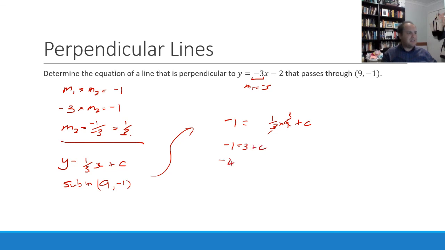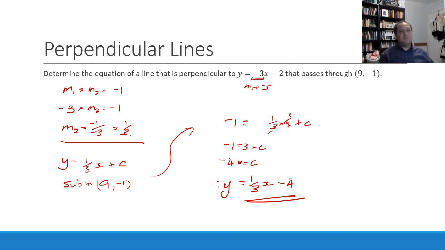Subtracting 3 from both sides, -4 equals c. So therefore the equation of our line that is perpendicular to this one is y equals 1/3 x minus 4, and that passes through our point (9, -1).